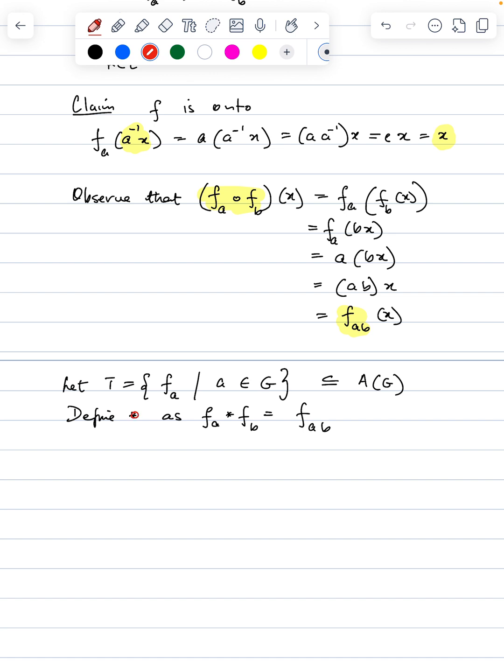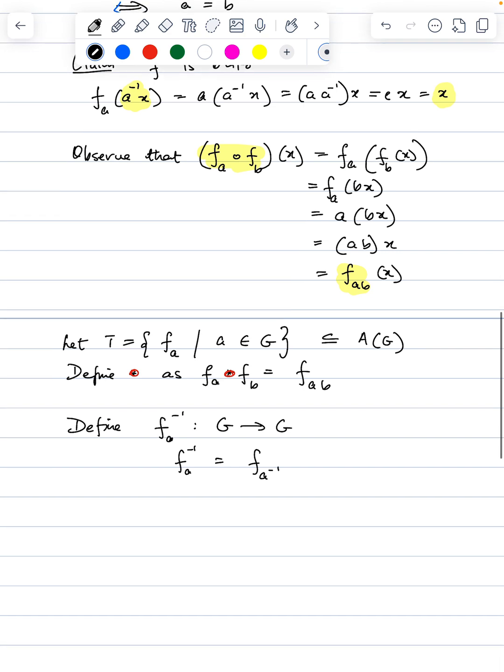I suppose we can just put a dot over there, F_A dot F_B. And define F_A inverse from G to G in this manner.